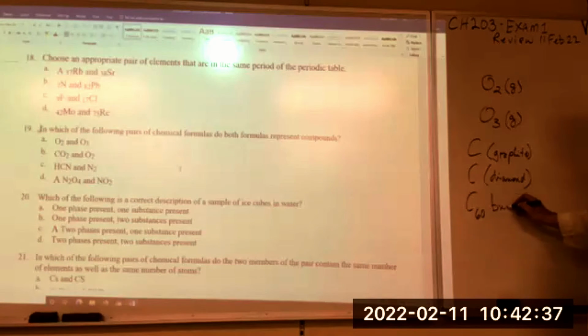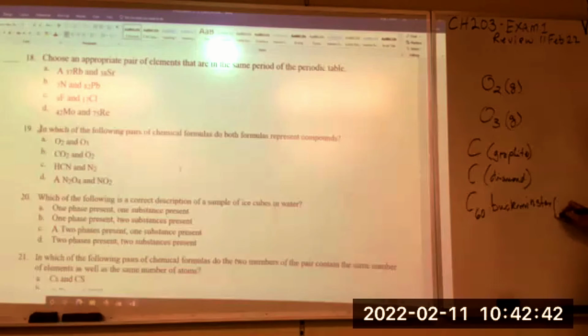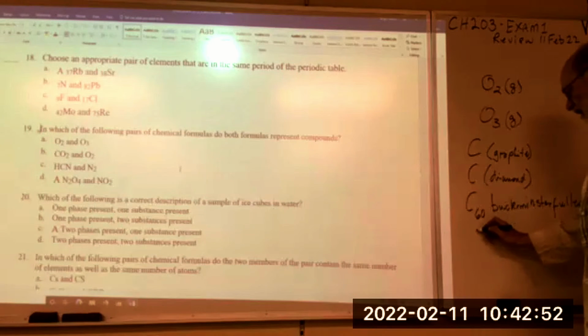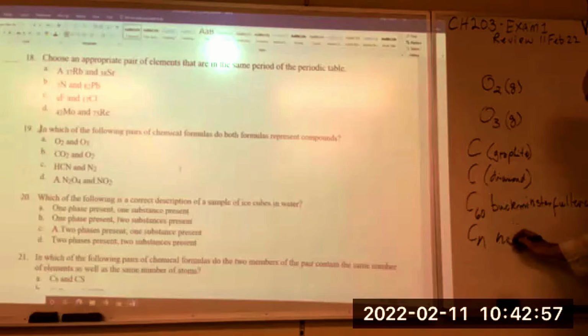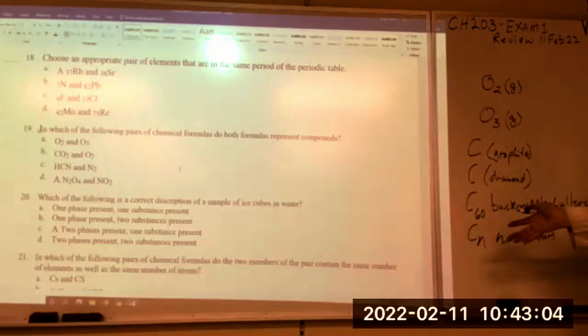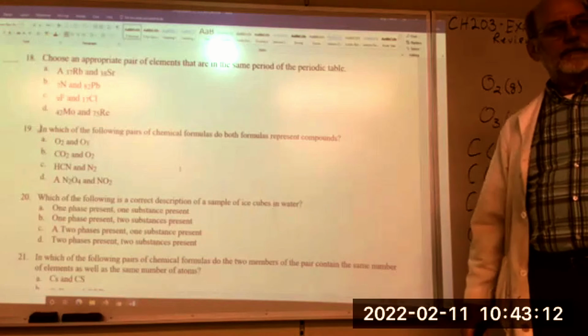Another form of carbon is, actually it has a number on it, Buckminsterfullerene, otherwise known as a buckyball. And you have carbon with varying numbers as nanotubes. Those are all allotropes. Carbon graphite, they're using that in semiconductors.